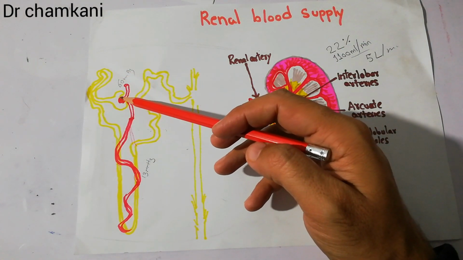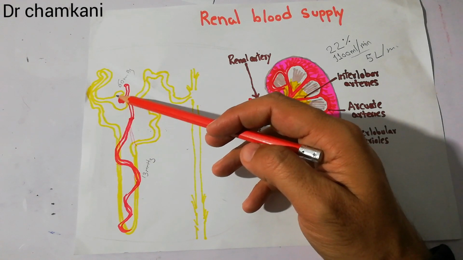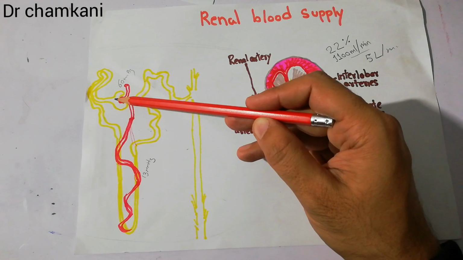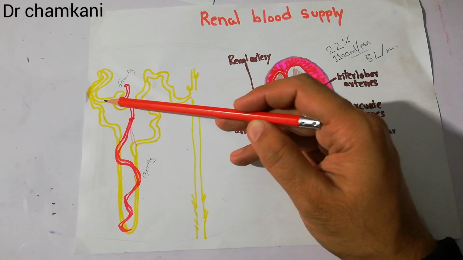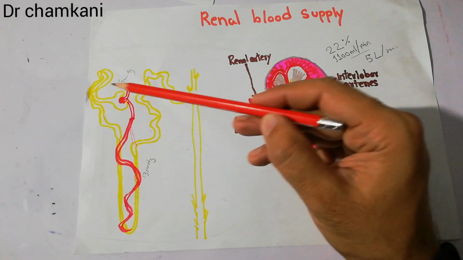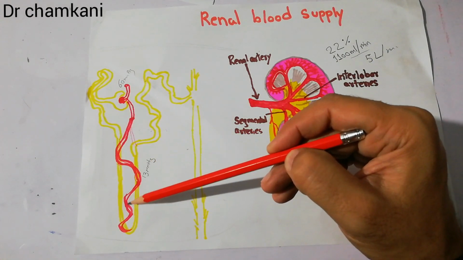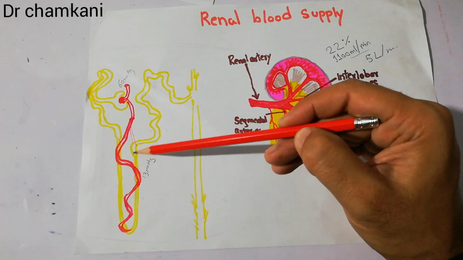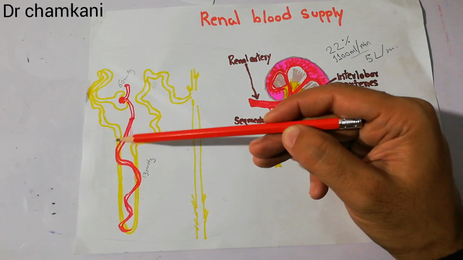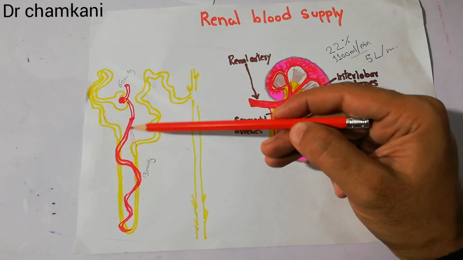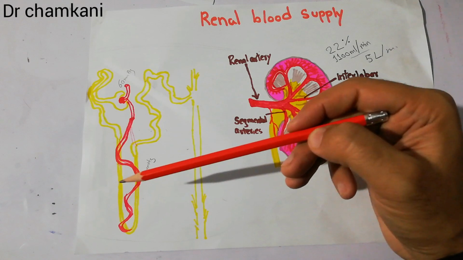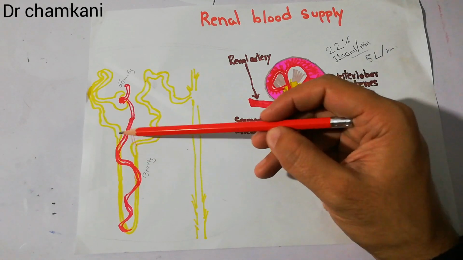The afferent arterioles become the glomerulus, which is responsible for filtration of blood, and the filtrate enters the Bowman's capsule and keeps on moving through these tubules. These tubules are responsible for taking the waste material outside the body, while the capillaries present around these tubules, the peritubular capillaries, reabsorb some of the nutrients from the tubules.